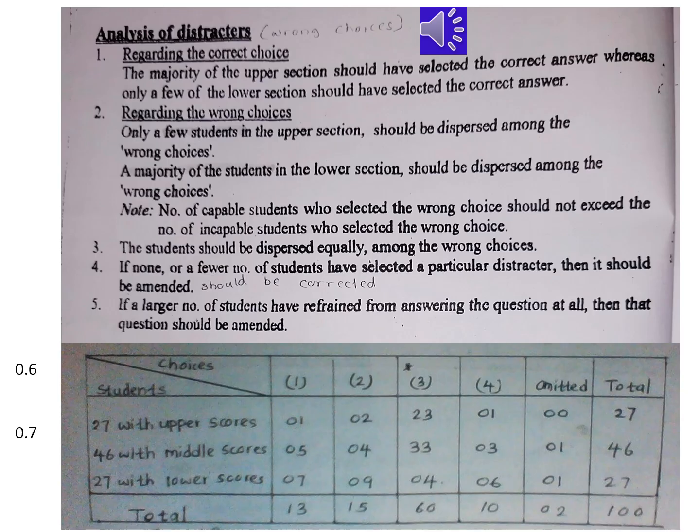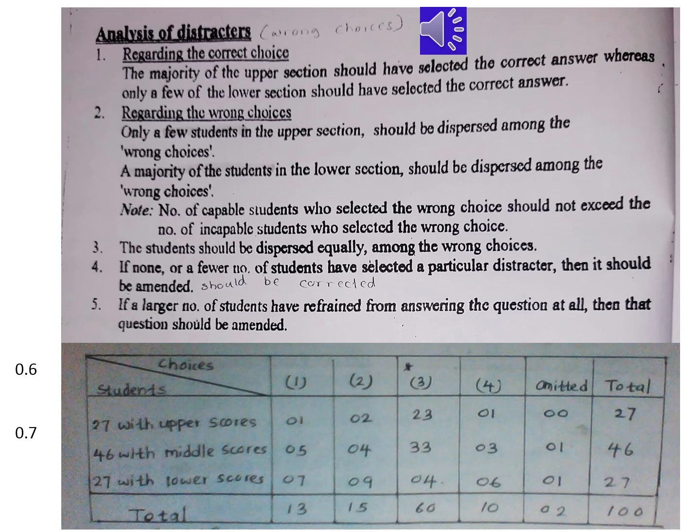The question is 70% successful in separating clever students from weak students. So that item is okay, a good item. Then you can keep it.